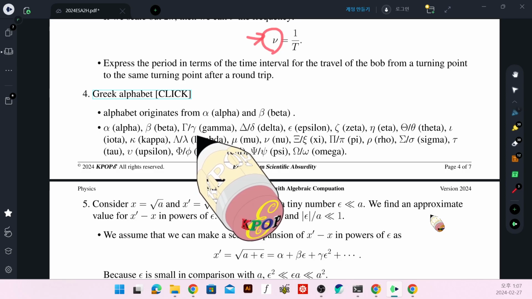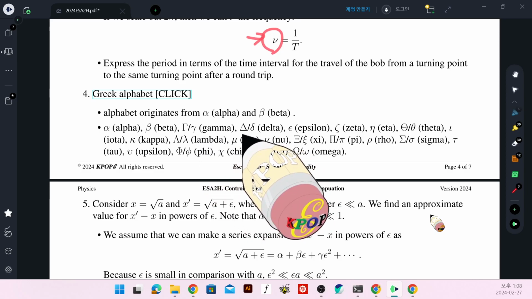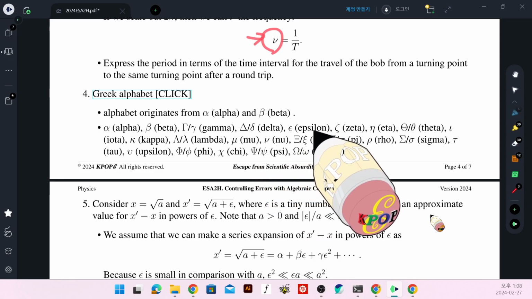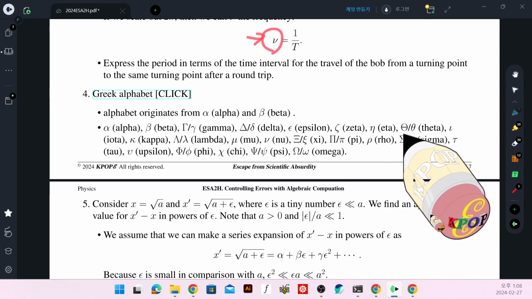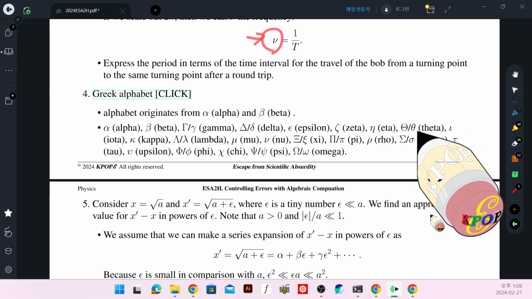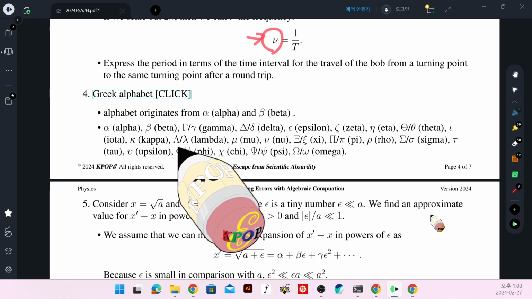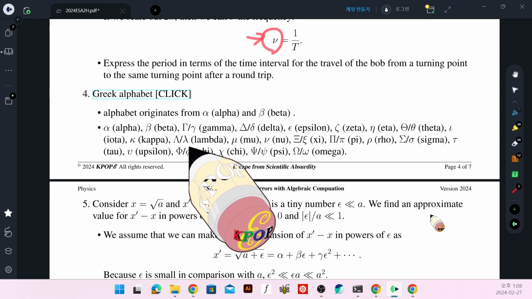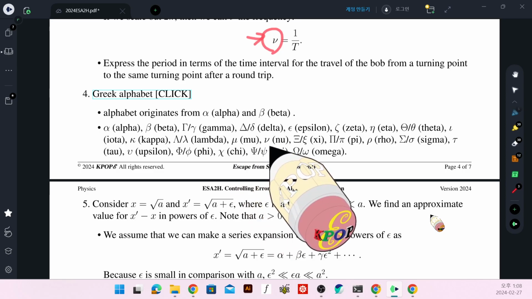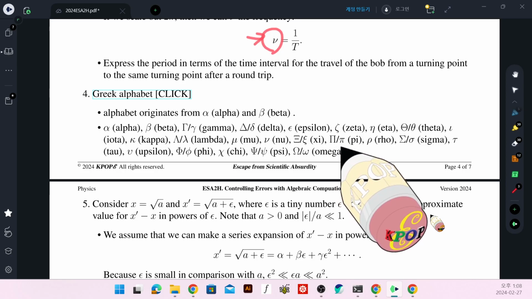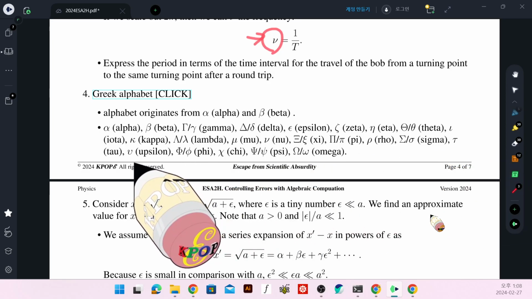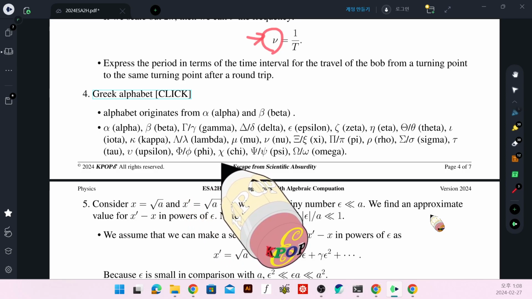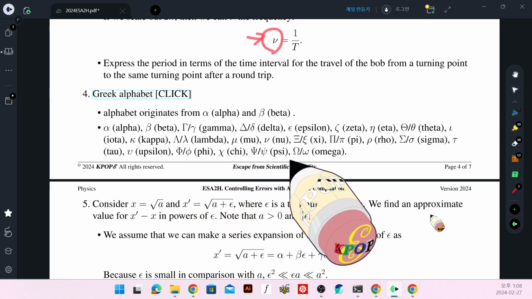We have gamma, capital gamma and lowercase gamma, delta, capital delta and lowercase delta, epsilon, zeta, eta, theta, iota, kappa, lambda, capital lambda and lowercase lambda, mu, nu, xi, pi, rho, sigma, tau, epsilon, phi, chi, psi, omega.